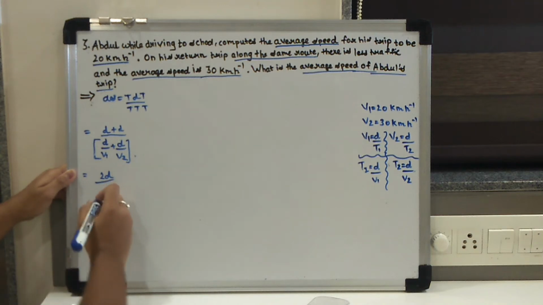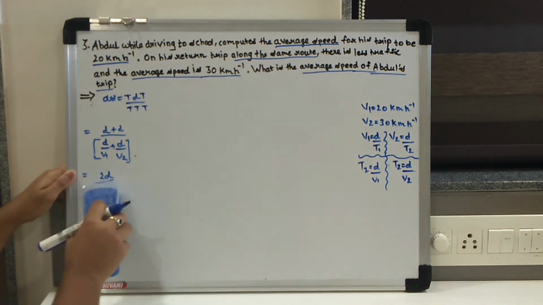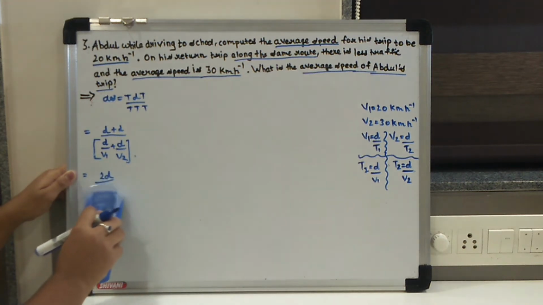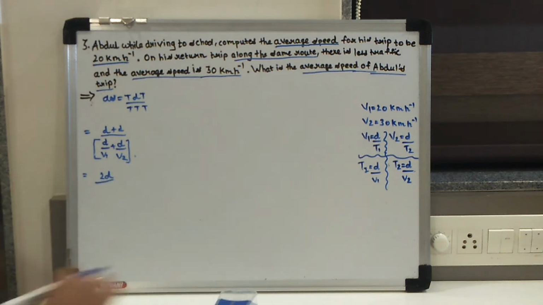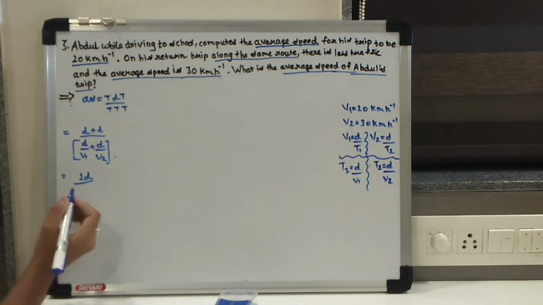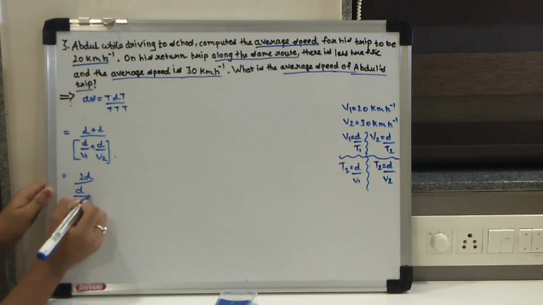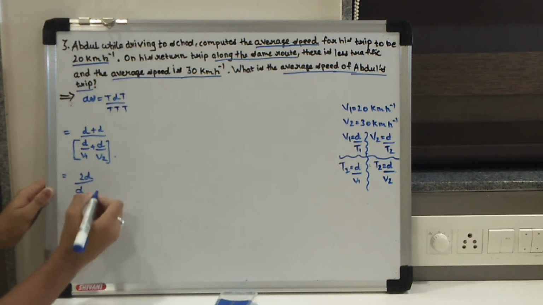So it's 2d upon d upon v1. v1 is 20 km per hour and d will be 30.